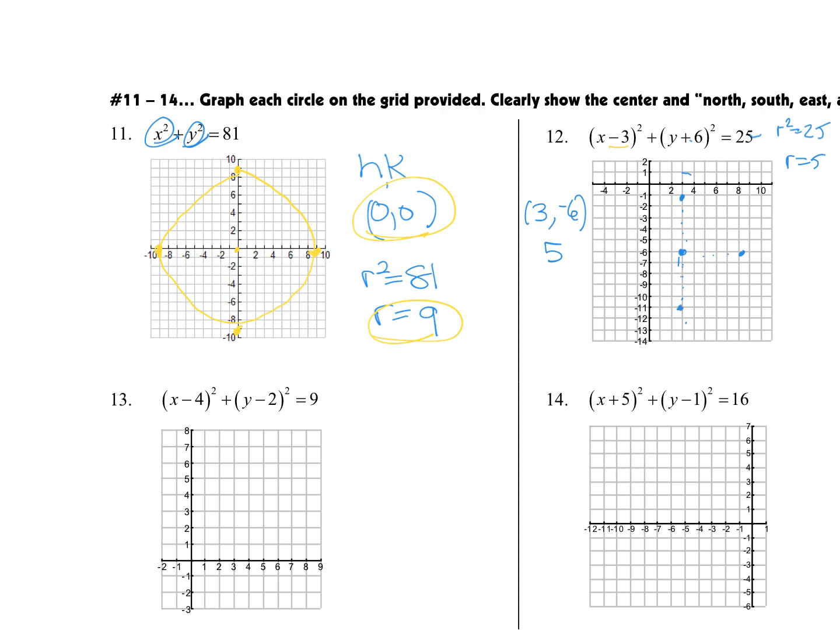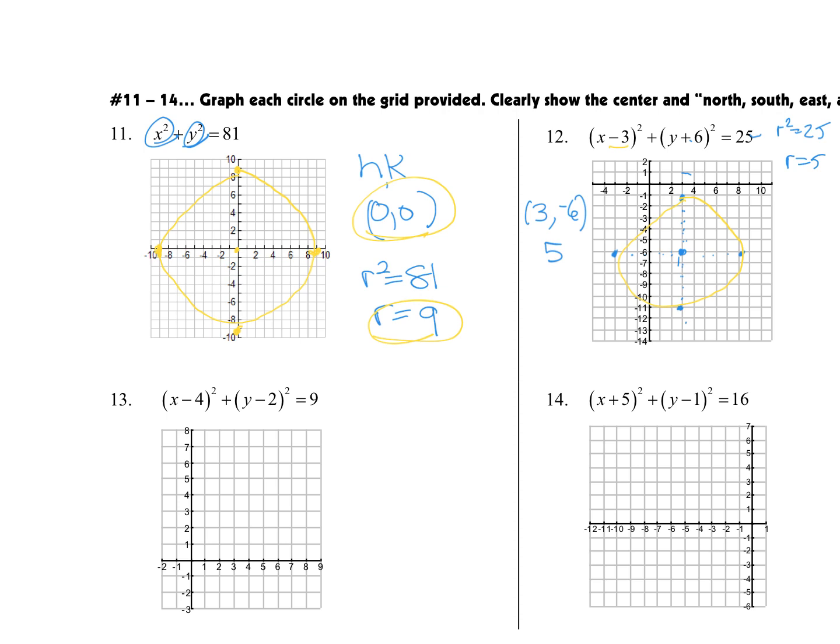If we go to the left, 1, 2, 3, 4, 5. And if we go up here, 1, 2, 3, 4, 5. And then we attempt to draw our circle. But remember that what I'm really looking for is that you have those 4 points placed and that you have the circle in the center placed correctly.